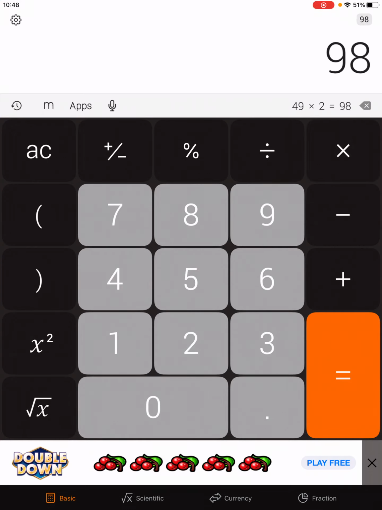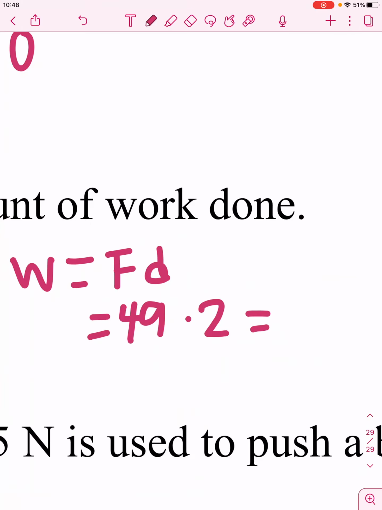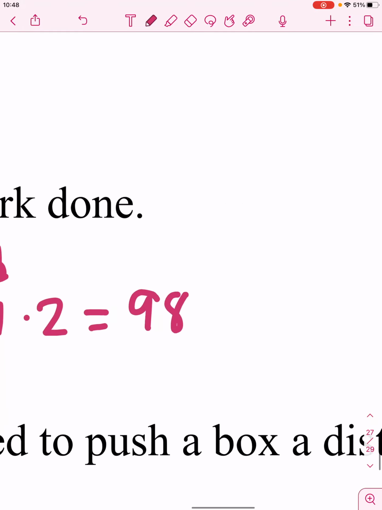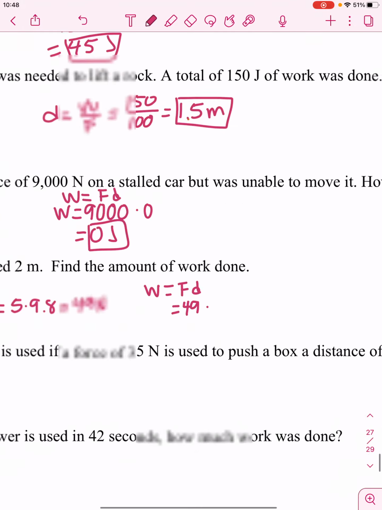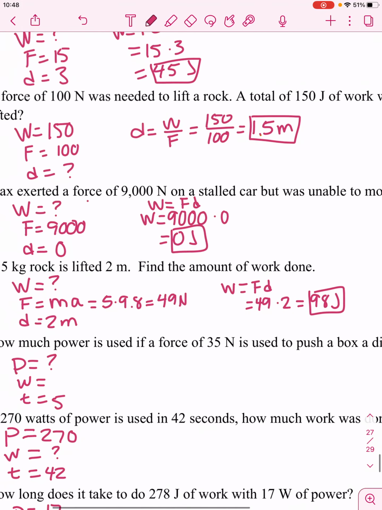Again, that will be joules. So again, I had to take my mass, 5 kilograms, times the acceleration due to gravity, which gives me the weight of the rock. The weight is a unit of force, so I can use that for my F, and then just plug that in.